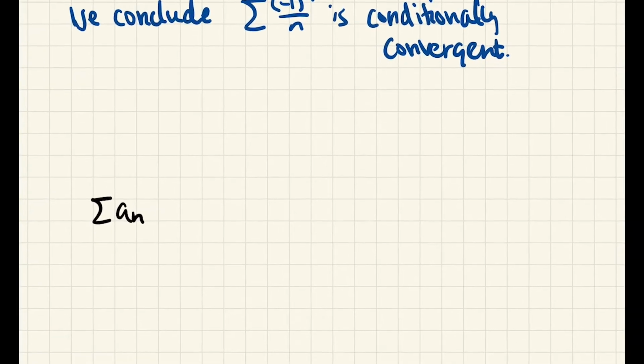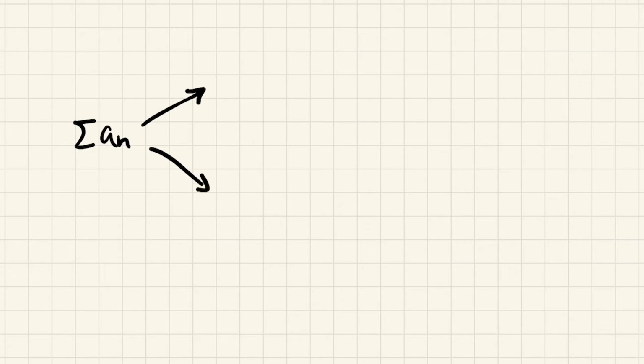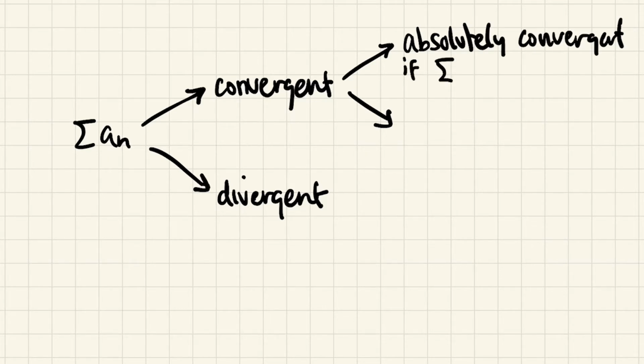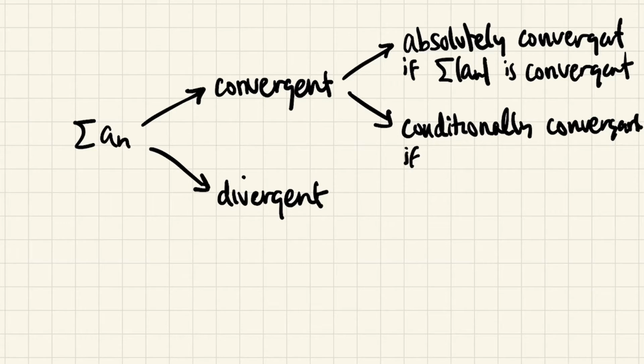So, all right, let's break this down. If you have a given series, so far, we understand it has two behaviors. The series can be divergent or convergent. But now we have two more classifications. If the series is convergent, it's either absolutely convergent, and that's if the series is convergent with the negative signs removed, in other words, the absolute value, or we can categorize it as conditionally convergent, and that's if taking out the negative signs, in other words, the absolute value of the terms, would yield a divergent series.